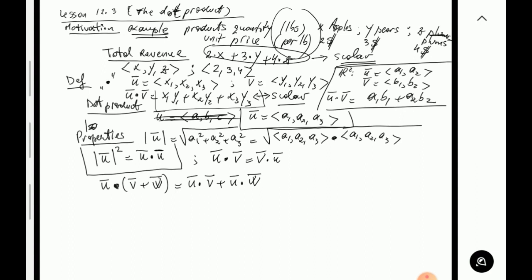Another important property which comes in handy is that a scalar commutes with the dot product. So if you have a scalar C, and you do the scalar multiplication of the vector and then dot the resulting vector with another one, you can actually interchange the scalar.